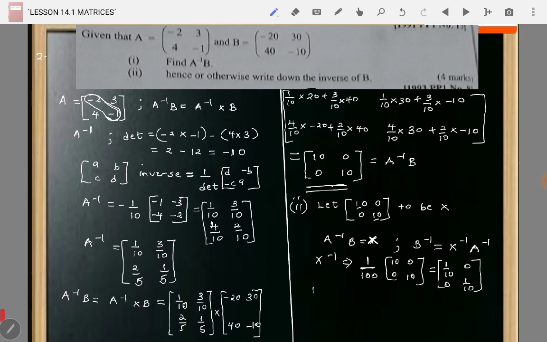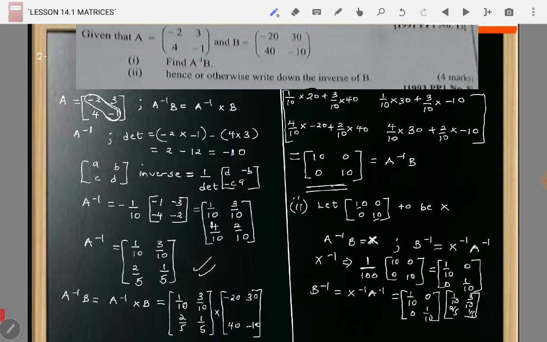But to get B inverse, we say that B inverse is equal to x inverse A inverse, which is equal to [1 over 10, 0; 0, 1 over 10], which is x inverse. We multiply by the A inverse which we had gotten earlier. Our A inverse was [1 over 10, 3 over 10; 2 over 5, 1 over 5].